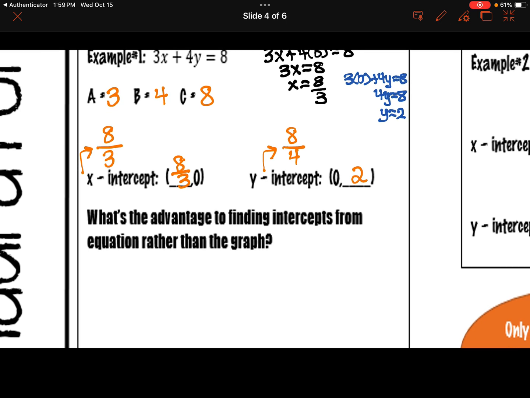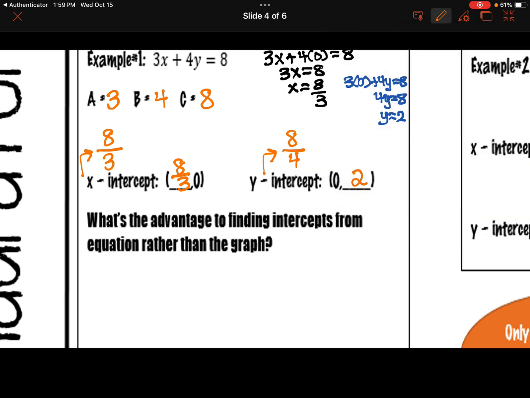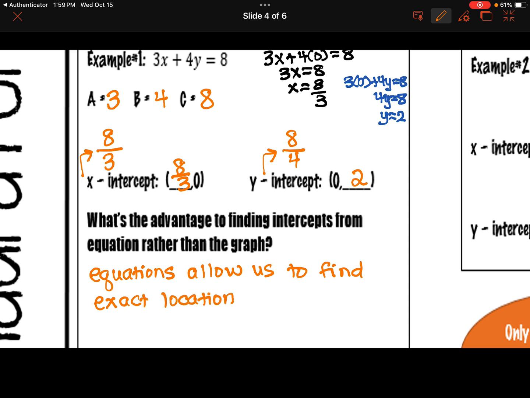So then what's the advantage of finding the intercepts rather than just looking at the graph? And the advantage is equations allow us to find the exact location when the intercepts aren't integers.